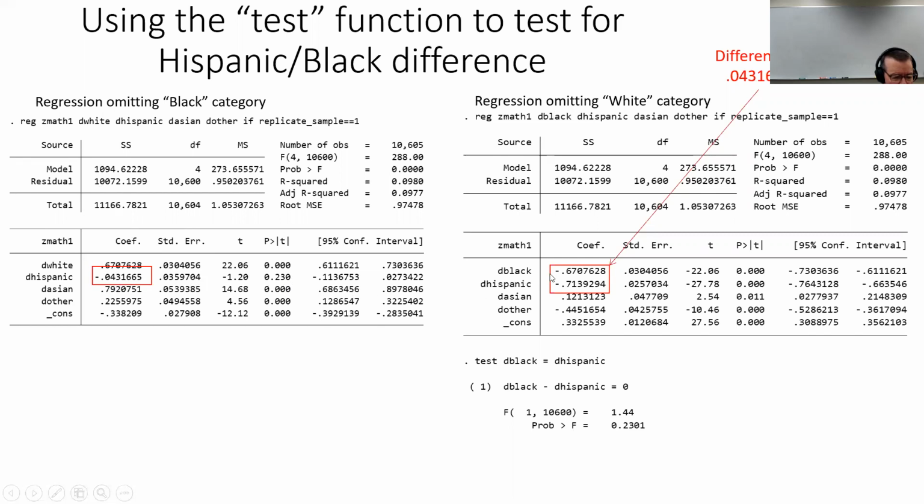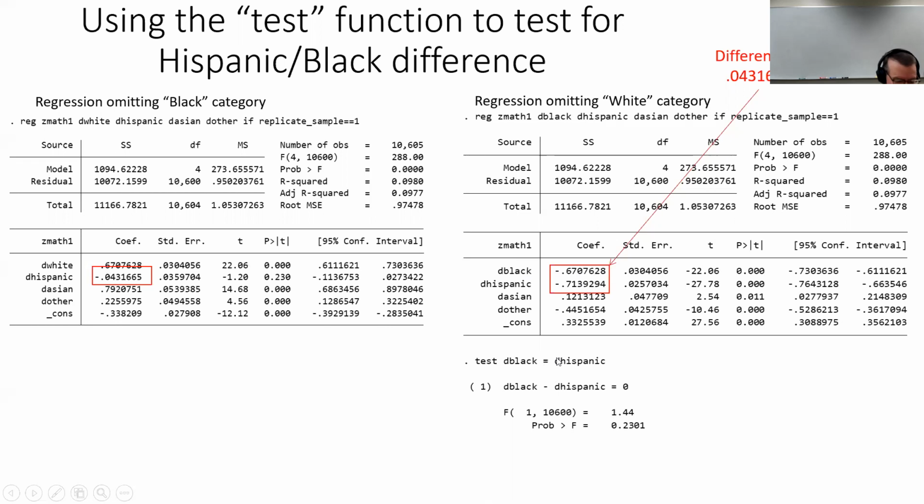If you omit whites, neither of these coefficients tells you the significance level of the difference between Blacks and whites. They're both differences relative to the omitted group, which is whites. So the question is, how do you test this difference short of redefining what the regression looks like?